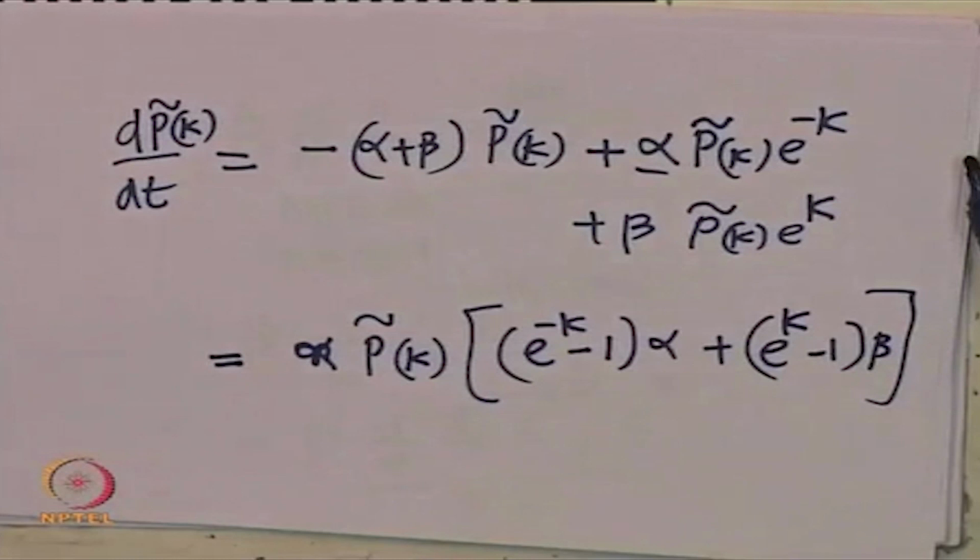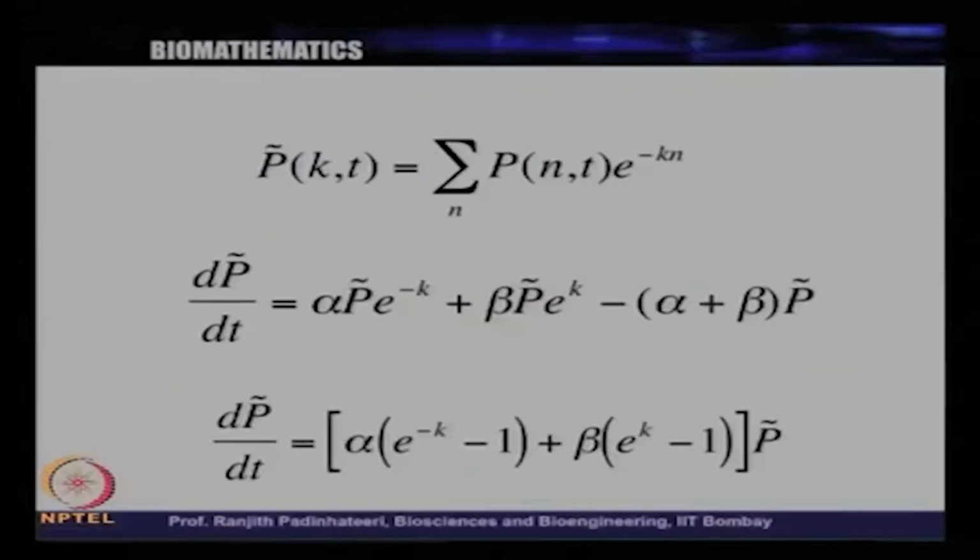If you look at this carefully, what you get is that d p tilde by dt is alpha p tilde e power minus k plus beta p tilde e power k minus alpha plus beta p tilde of k. So, then as we just rightly wrote here, this can be written in this particular manner.